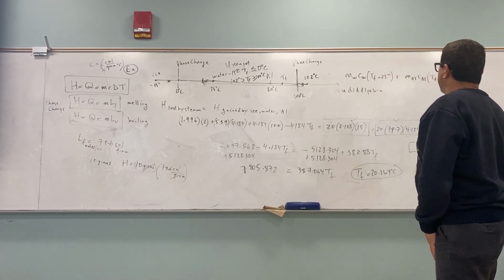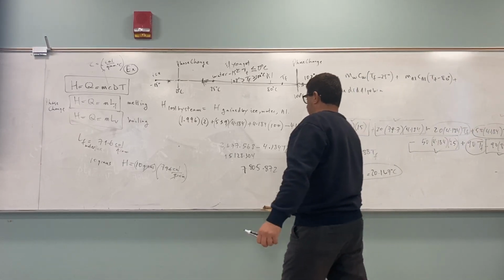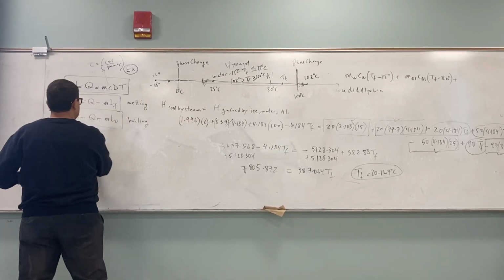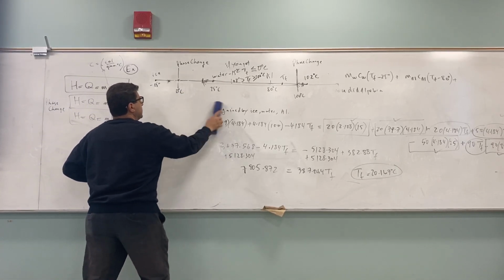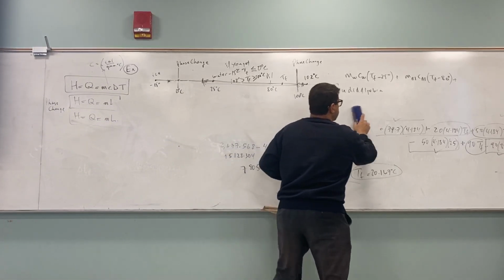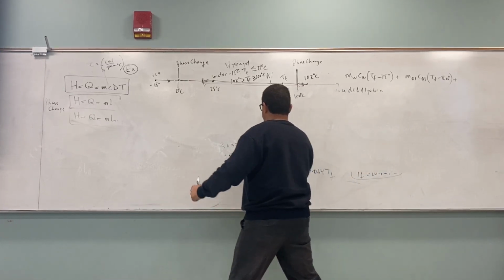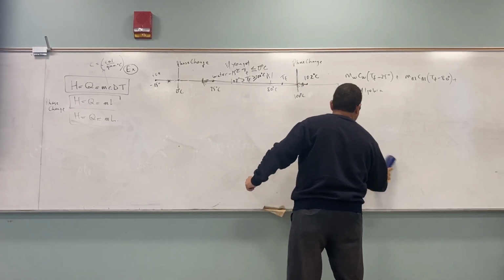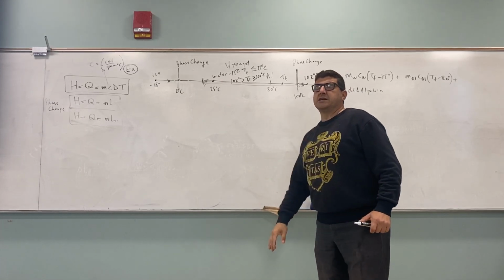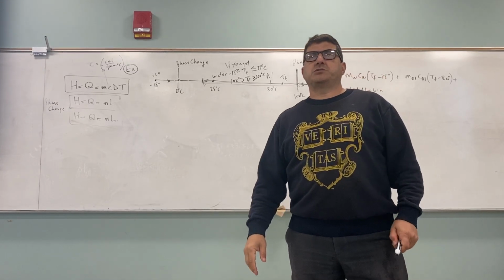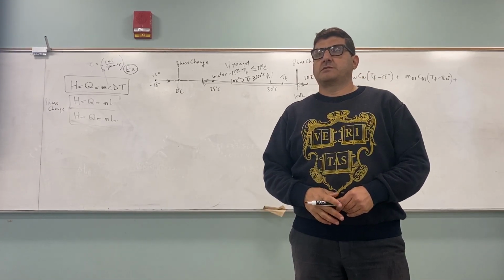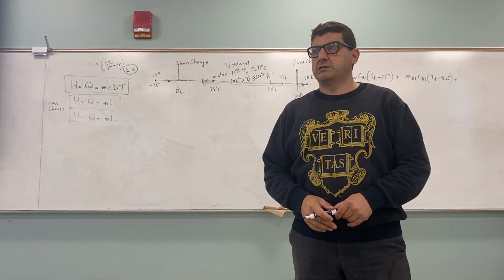So what do I mean here? At the beginning, how many grams of ice did we start with? 20.